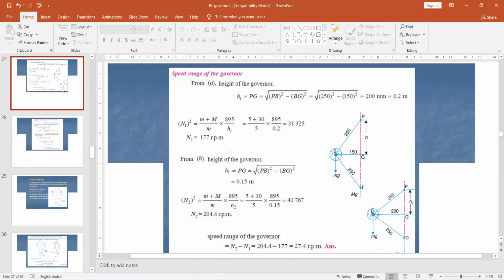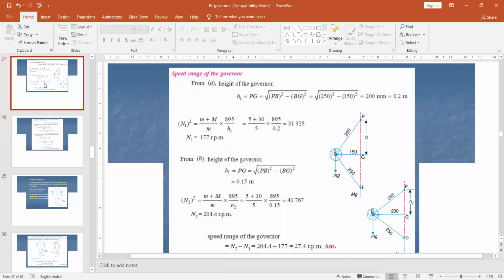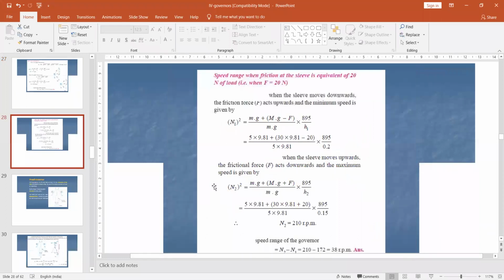If you have any queries, please raise them. Without consideration of friction, the range of the speed of the governor is 27 RPM, and with consideration of friction, it is 38 RPM. Do you understand?